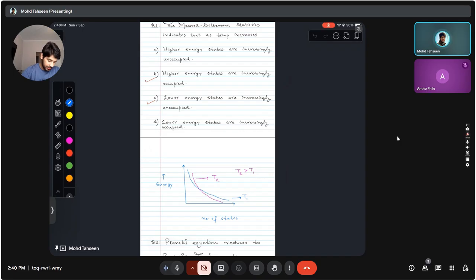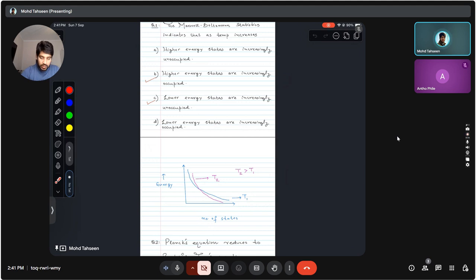So if we look at how the distribution of electrons changes inside a solid as the temperature increases, it shows us that the states with lower energy are filled less as we increase the temperature, and the states which have a higher energy get filled up more.